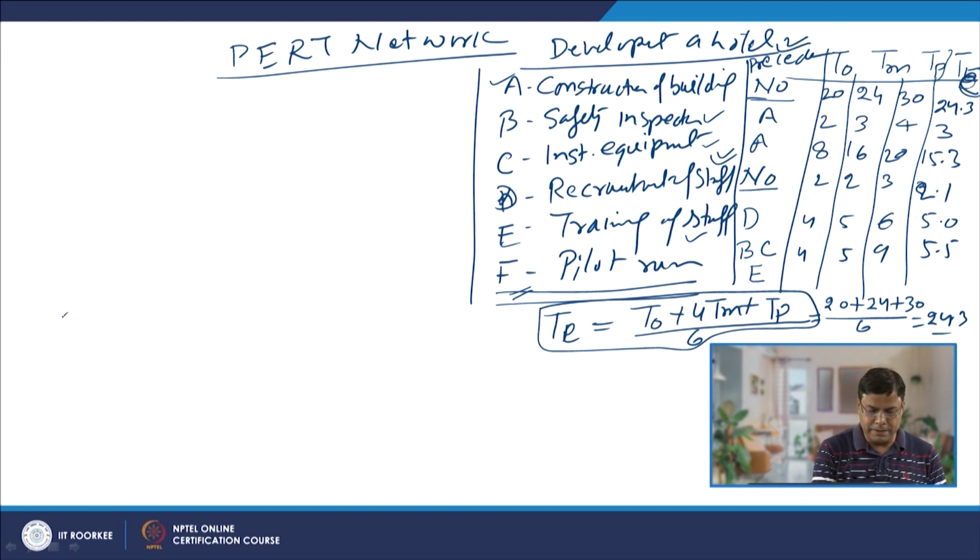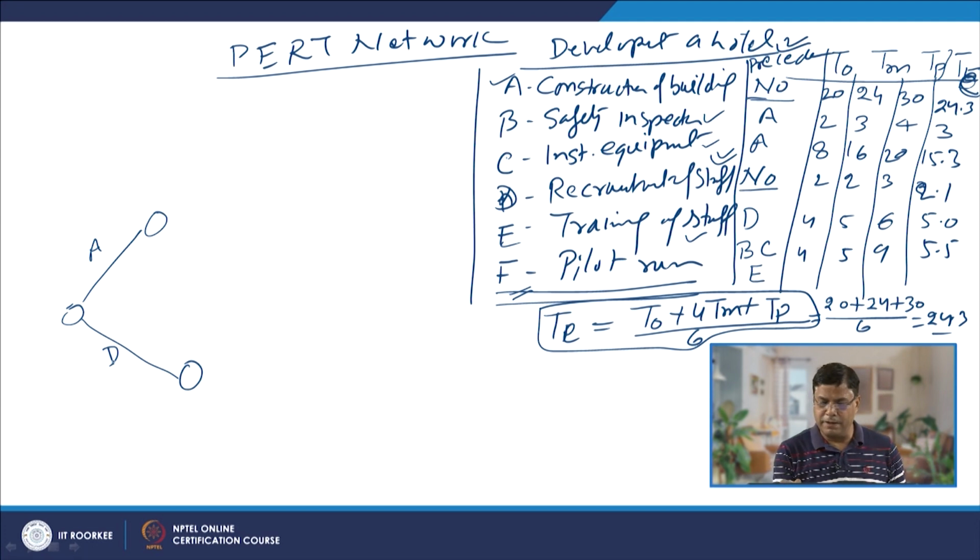This is the start node, activity A, and activity D can be started in parallel, because there is no precedence requirement for these two. So, these are the concurrent activities: construction of the building and recruitment of the staff.